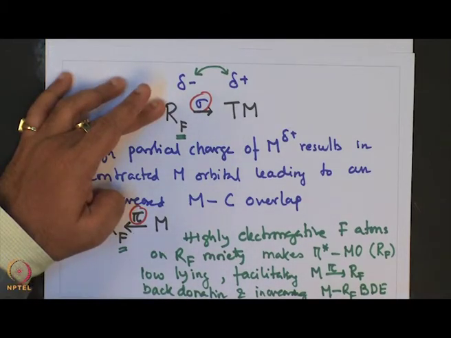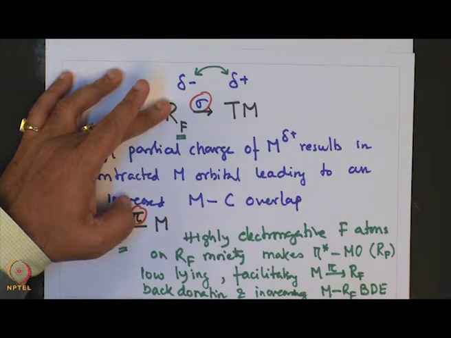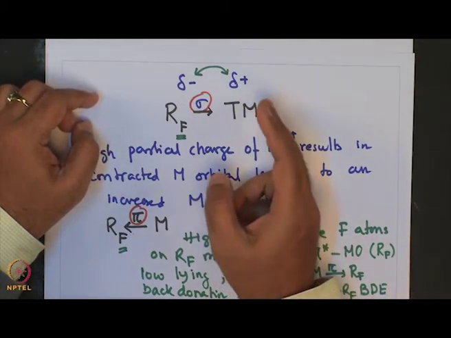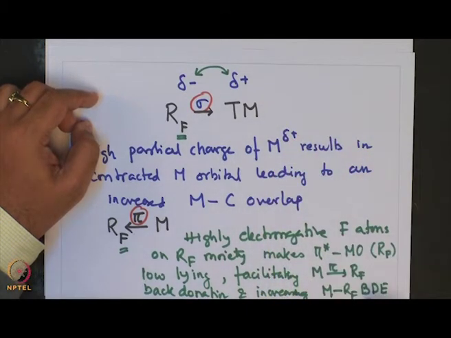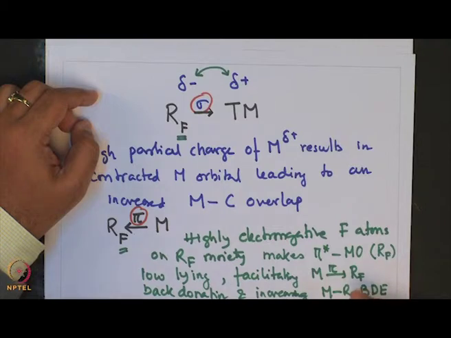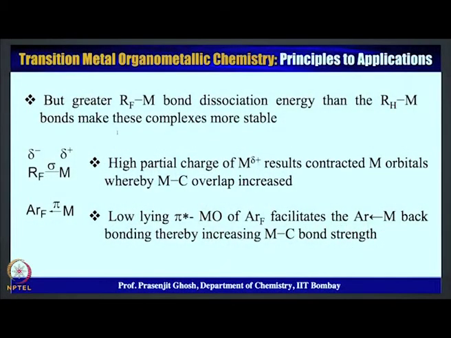That is, this enhanced polarity due to the presence of electronegative fluorine affects both the sigma and pi bonds towards increasing the corresponding RF transition metal bond energy, and this does so by contraction of the metal orbital as the metal becomes more partially charged, leading to an increased M-C overlap for the forward ligand to metal sigma donation, and the presence of so many fluorine atoms on the perfluoroalkyl group makes the corresponding pi star orbital low lying, and that in turn facilitates the metal to ligand pi back donation.